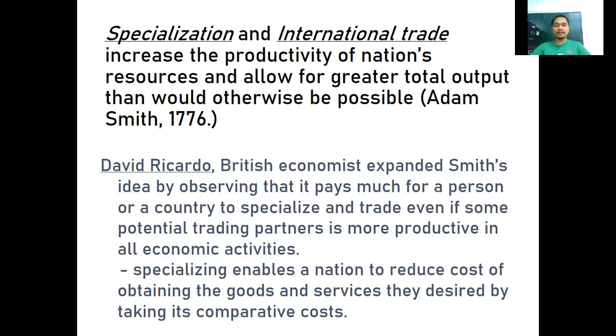David Ricardo, the British economist, expanded on Smith's idea by observing that it pays for a person or a country to specialize and trade, even if some potential trading partners are more productive in all economic activities. So, specializing enables a nation to reduce the cost of obtaining the goods and services it desires by taking advantage of its comparative cost.